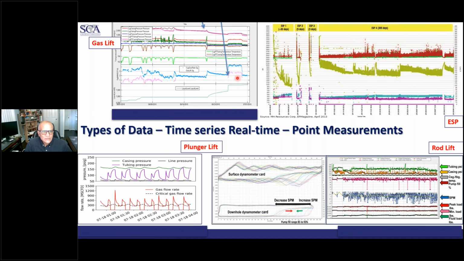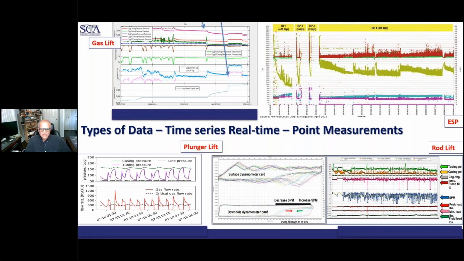Same goes for gas lift. As it is becoming more and more prevalent, particularly in the unconventional space, we are sensing not only the gas lift injection rate, but also downhole pressure, temperature values and such. Plunger lift, ditto, and rod lift has also been instrumented traditionally in the form of surface load and displacement, but now we are coupling that with not only the wellhead pressures and temperatures, but also downhole.